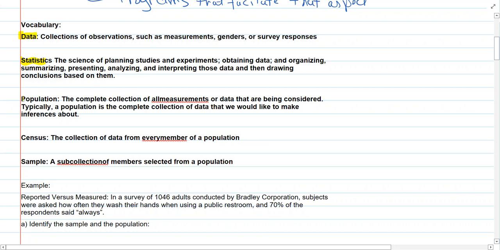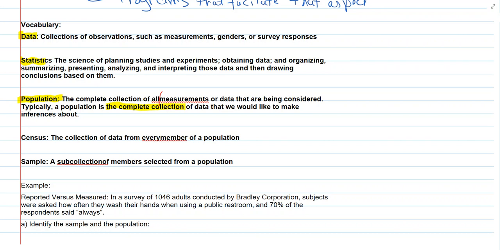Population is going to be something that pops up in almost every section. So population is the complete collection of all measurements or data that are being considered. Typically, a population is the complete, and that's critical, complete collection of data that we make an inference about.